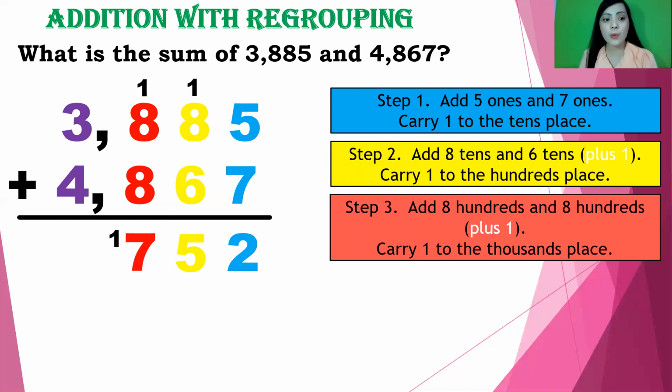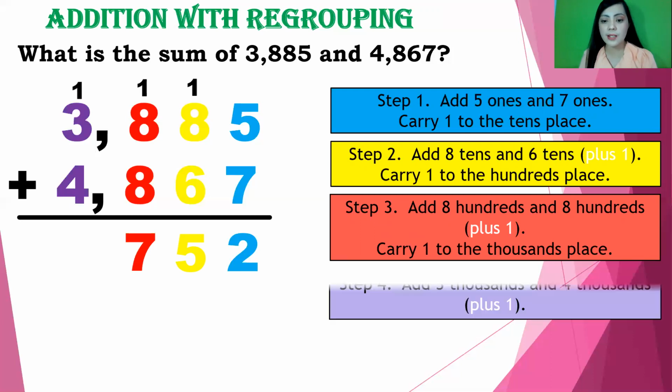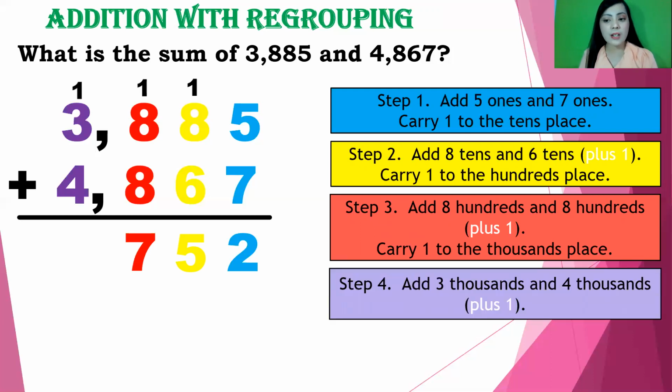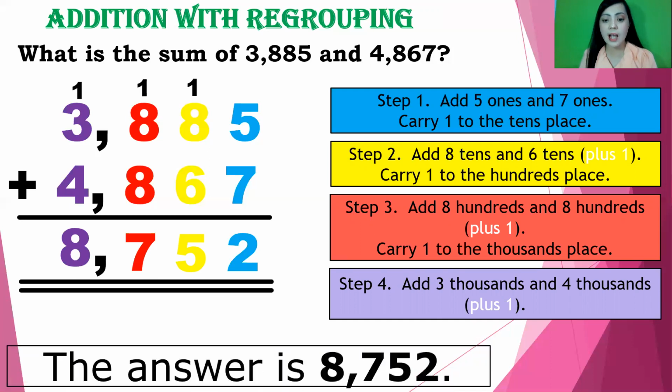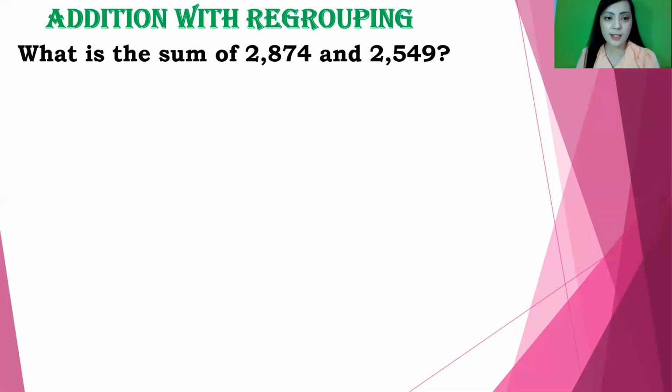So carry 1 to the thousands place. Next, add 3,000 and 4,000. 3 plus 4 is equal to 7. Plus 1 is equal to 8. So 8,750 is the answer.